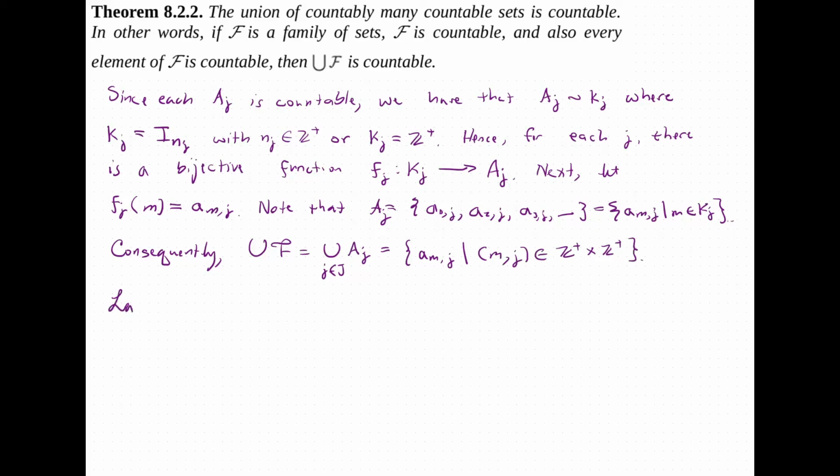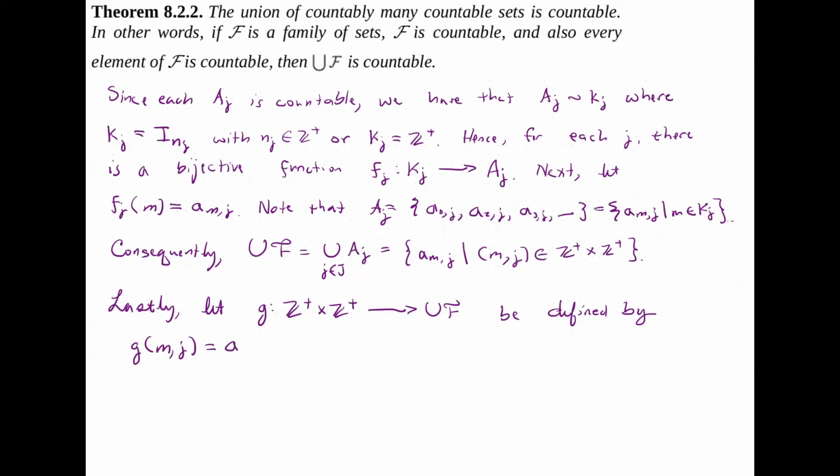So lastly, let G from the Cartesian product of the integers with itself to the union of f be defined by G of m comma j is equal to a sub m comma j.